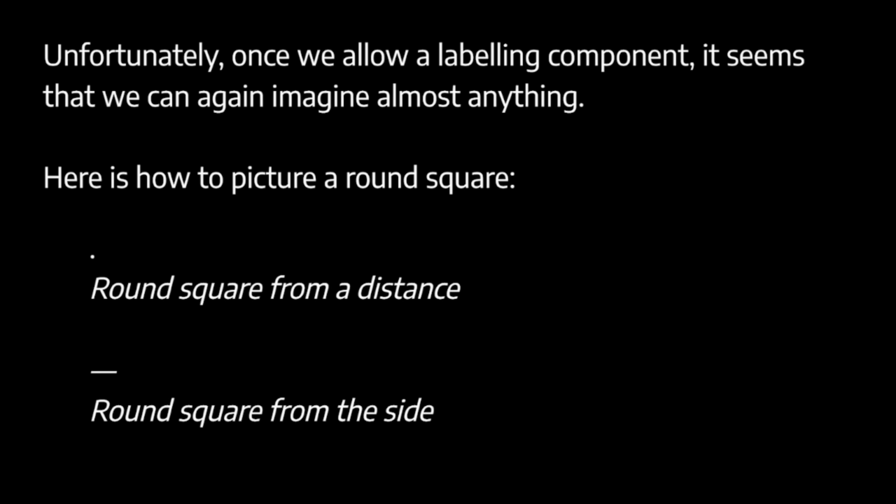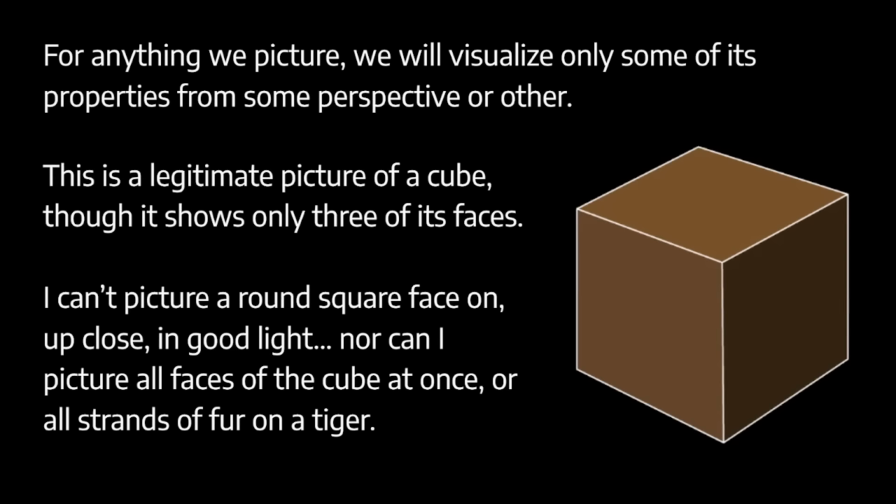Now, obviously the natural reaction to these examples is to say, no, you're cheating. You're not really picturing a round square when you do that. But bear in mind that for literally anything that you picture, you're only going to picture some of its properties from some perspective or other. I have here a picture of a cube, and I think we would all accept that as a perfectly reasonable picture of a cube. But it only shows three faces of the cube from a particular perspective.